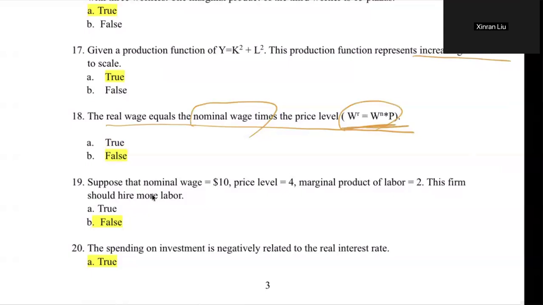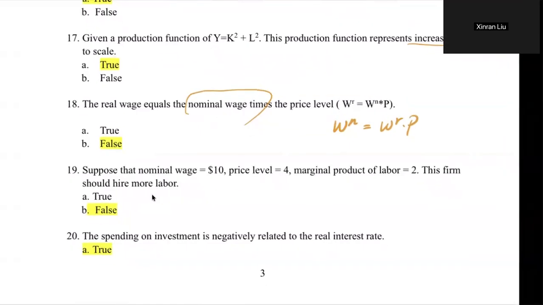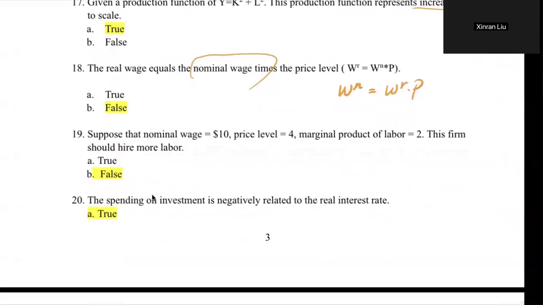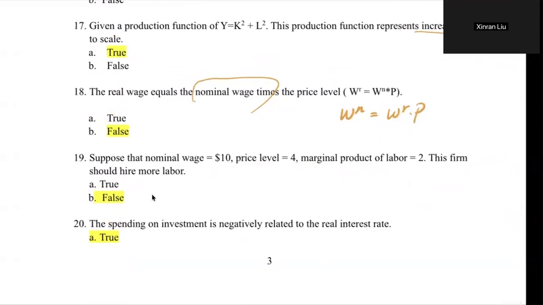And if you want the relationship between the real wage and the nominal wage, just invert it. The nominal one equals the real one times P. So as you can see, some false statements you just need to convert, then they will be true.